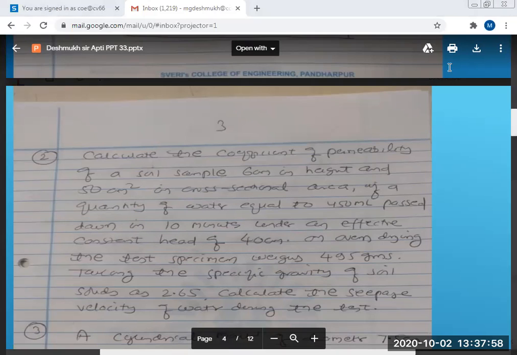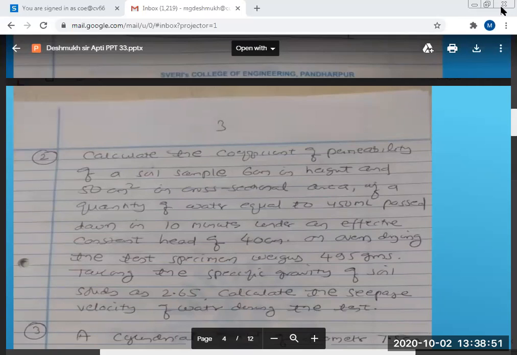ये करो बेटा आगे. Seepage velocity करो शीतल. One more fellow did.